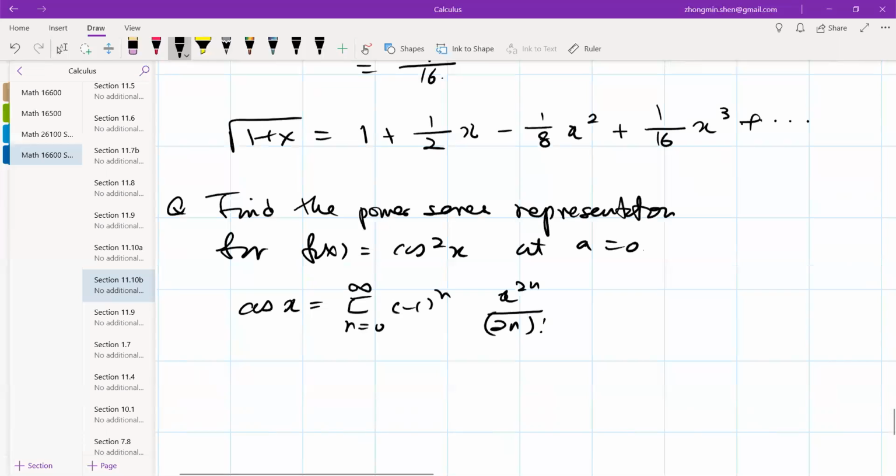Can I just square the power series? No, that's not a good idea. So just like in an integral, cosine squared x can be changed to cosine 2x. Cosine squared x is going to be (1 + cosine 2x) divided by 2. That's all we need.